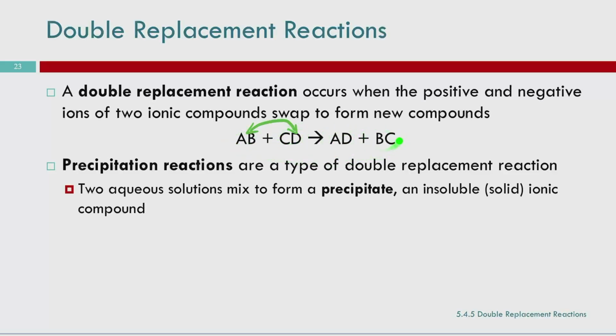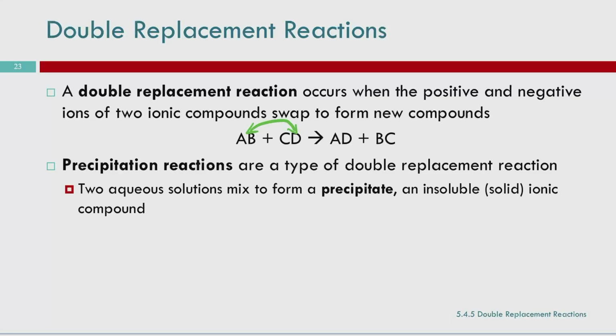Instead of CD, we've got BC. That should probably be CB, but whatever. So the idea here being that A and C would be cations, B and D would be anions, negatively charged. And then we swap the positive and the negative. We pair them up a different way.